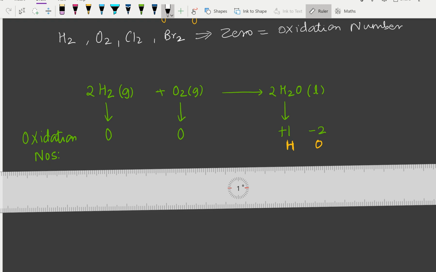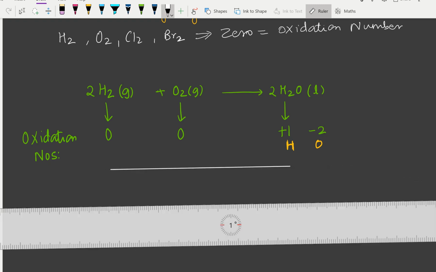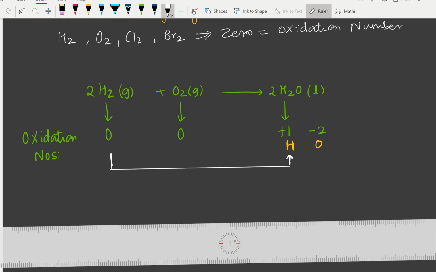So when I talk about hydrogen to hydrogen, I'm going to compare the oxidation states. What do I find? I find that from being 0, it has gone to being +1. That means for hydrogen, the oxidation state has increased, from 0 to +1. So here it's oxidation.